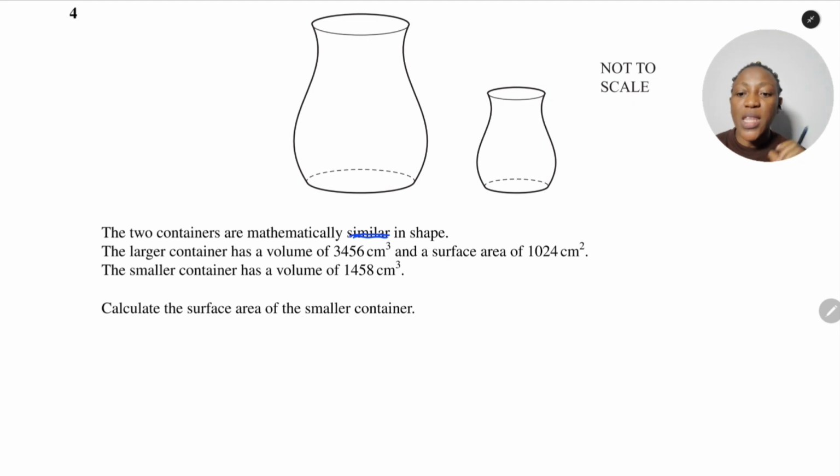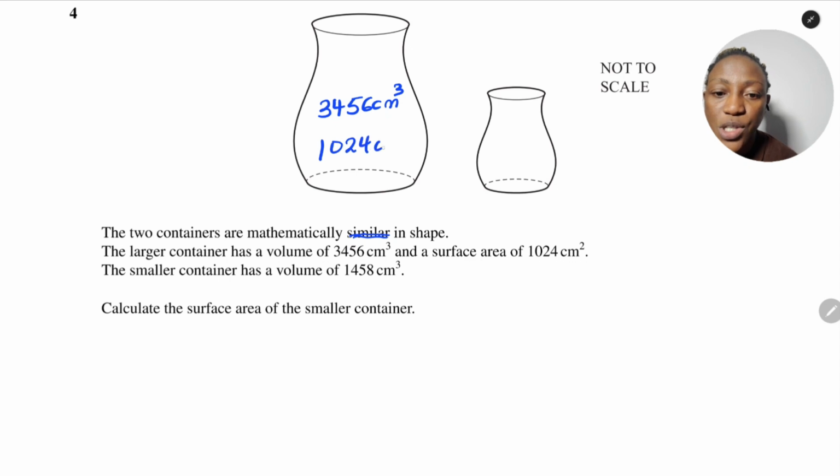Let's continue. The larger container has a volume of 3,456 cm cube, and surface area is 1,024 cm square.